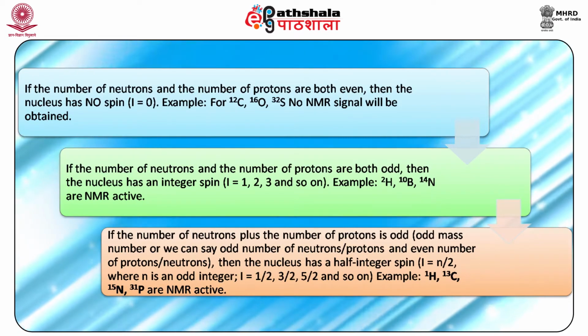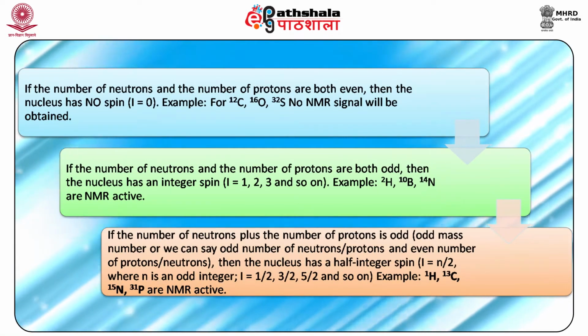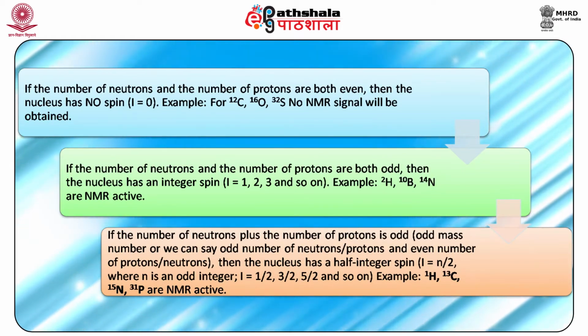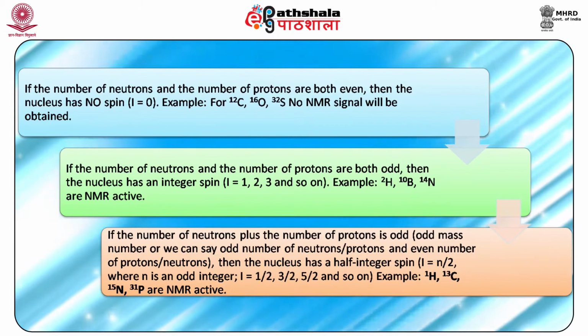The examples of these are 1H, 13C, 15N, 31P, and these all are NMR active nuclei.